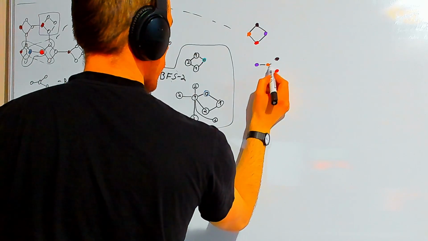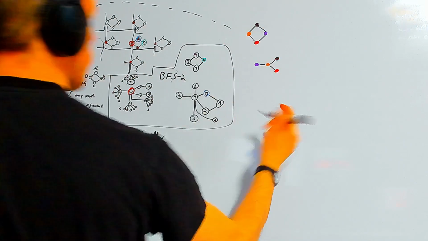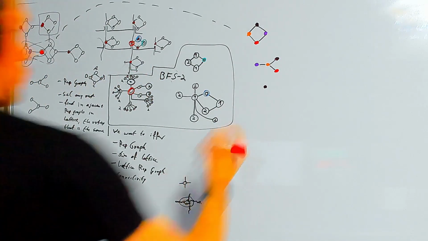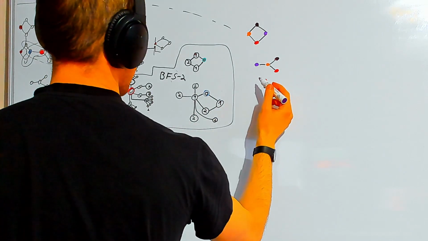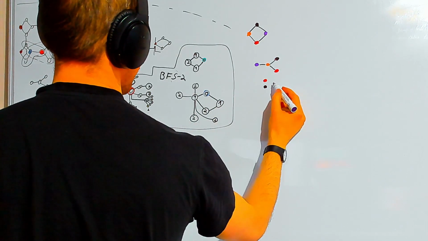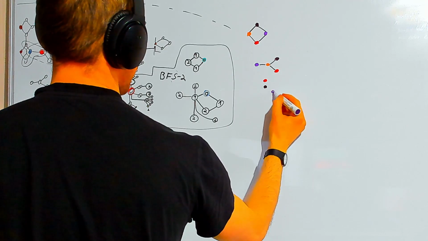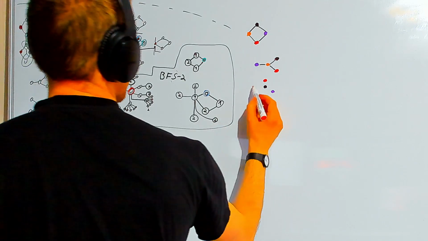Now imagine we expanded from the black one. Then we would do black, red over here, purple over here, and then orange over here.